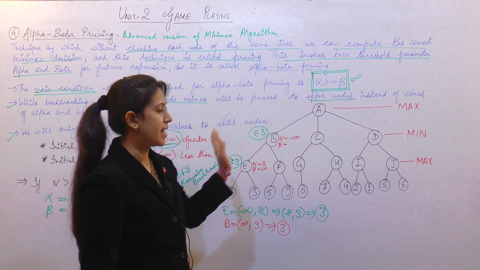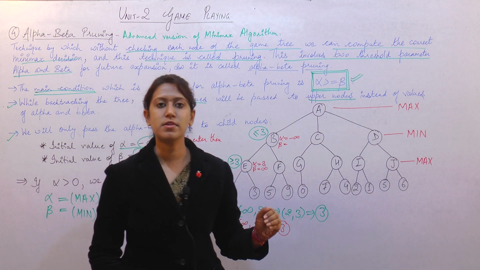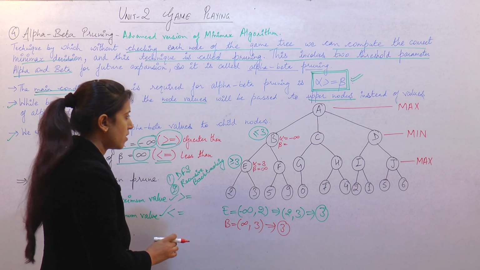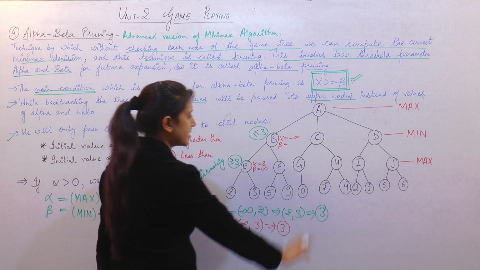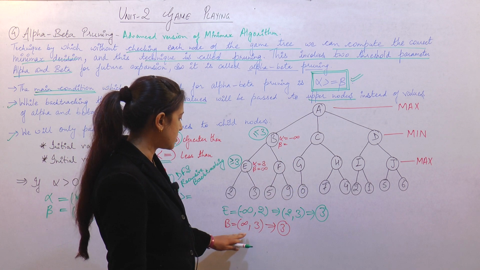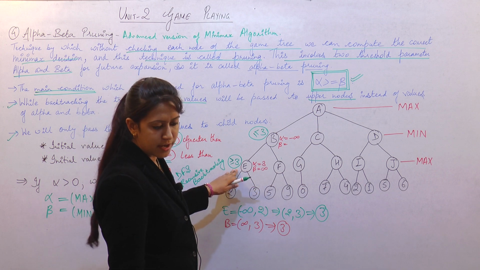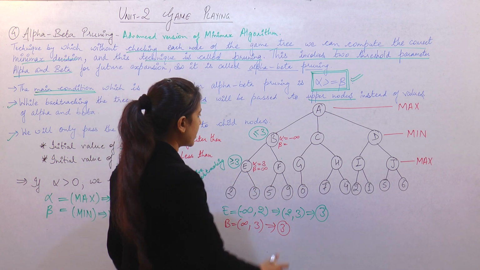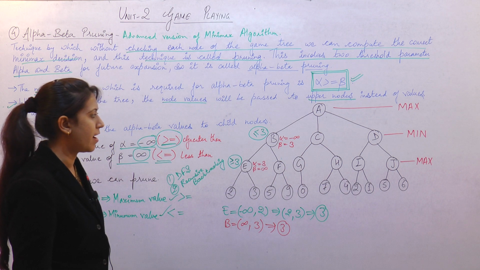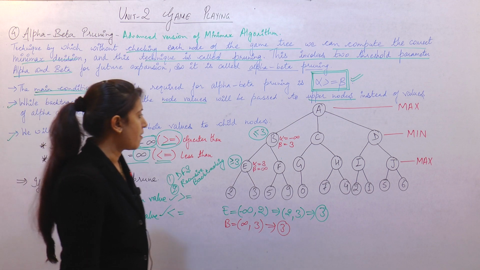That's why while backtracking or moving to the upper nodes, we are always calculating the alpha beta values from the initial values. So at this place the beta value will be calculated. Beta initial value is infinite and we are having only one value here, so the value of beta will become 3. So at node B the value of alpha and beta is found out.